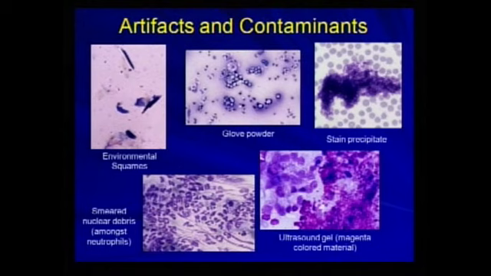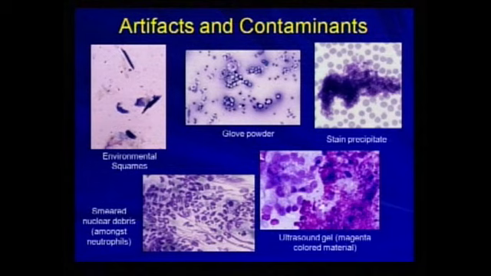In the upper right-hand corner, stain precipitate. If you're not changing your stain on a regular basis, you will develop stain precipitate, a non-diagnostic feature. In the bottom right-hand corner, something that we see, this sort of granular purple material. Notice I didn't say basophilic, because these stains don't use hematoxylin or eosin.